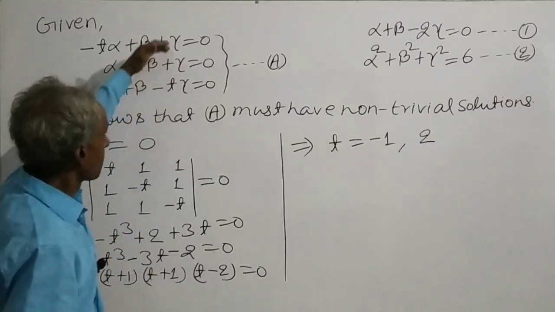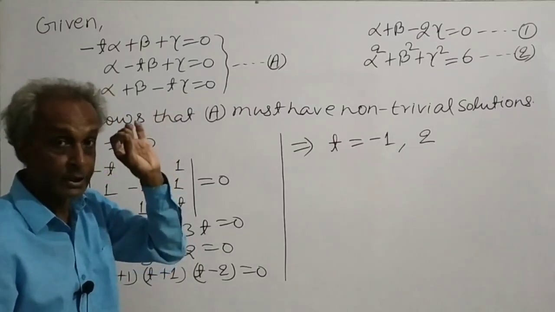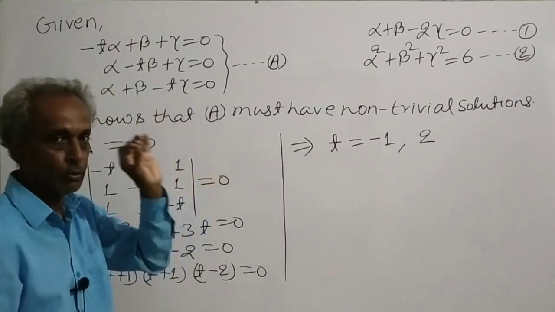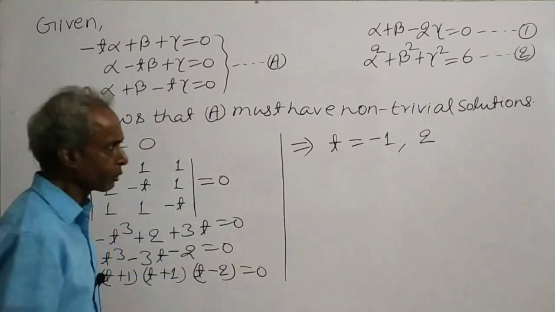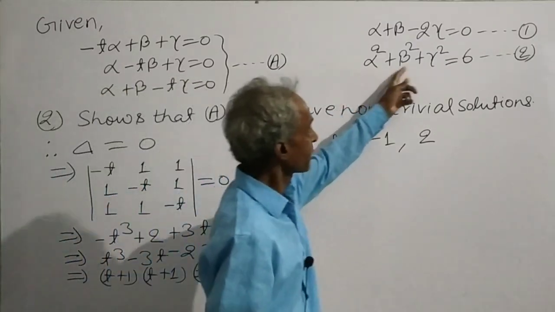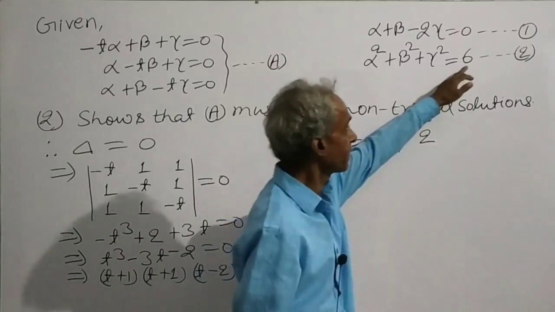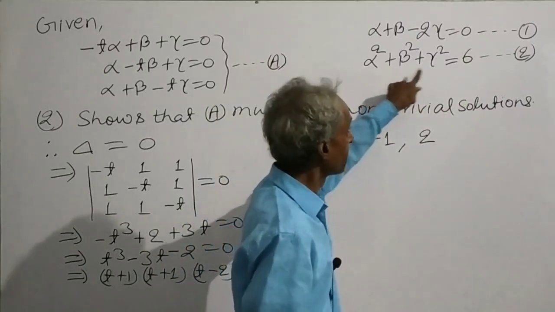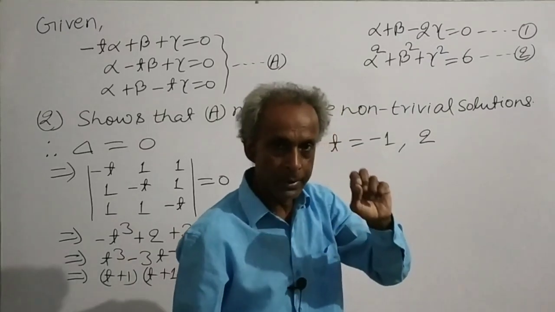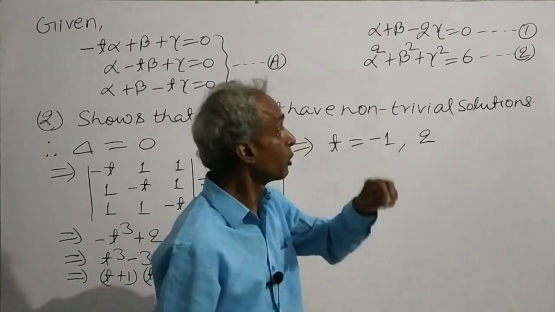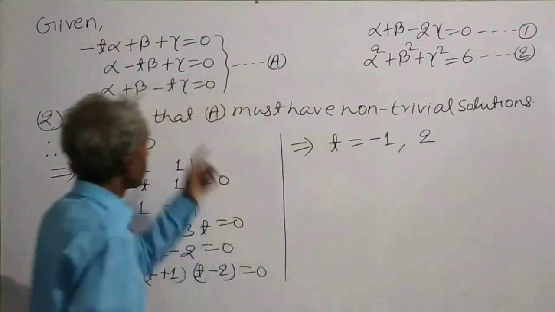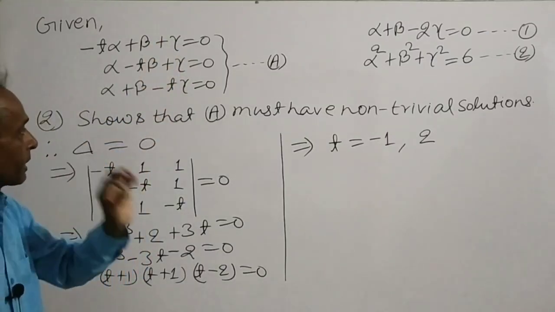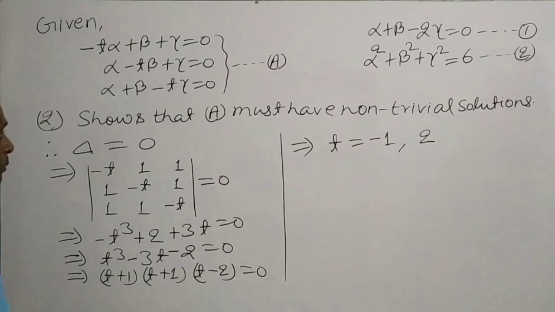If this system has only the zero solution, meaning alpha is equal to 0, beta is equal to 0, gamma is equal to 0, then LHS will be 0, but RHS is 6. This indicates that alpha, beta, gamma cannot all be 0 simultaneously. That means this system of equations must have a non-trivial solution.